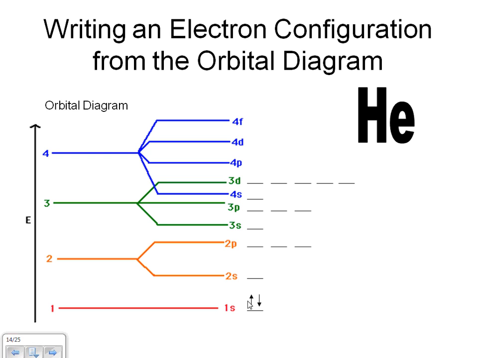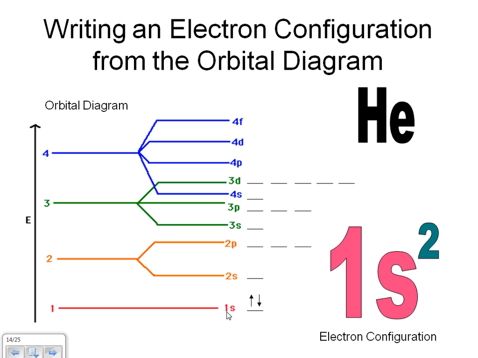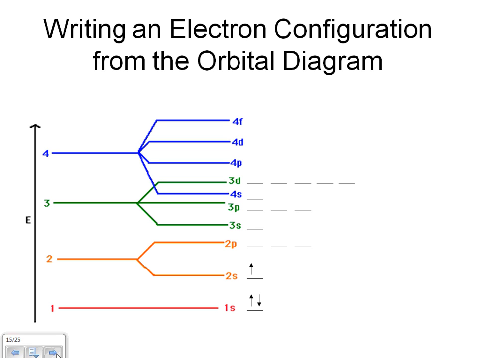So we put our 2 electrons in, 1 arrow going up, 1 arrow going down. When we write out the electron configuration, we're in energy level 1, sublevel S, and there's 2 electrons in that sublevel.